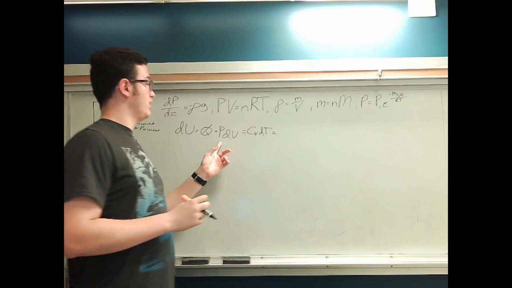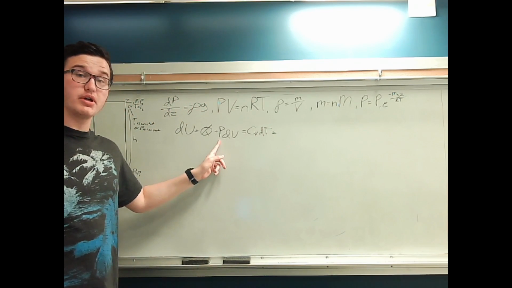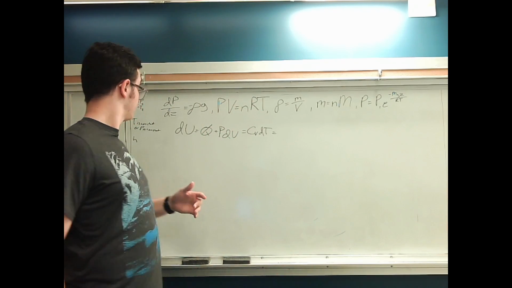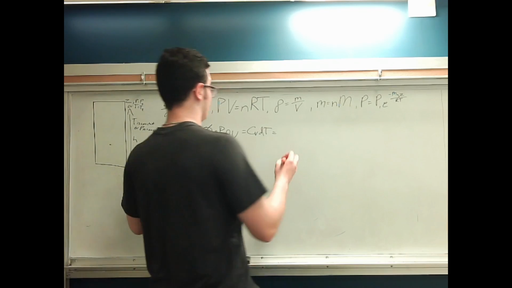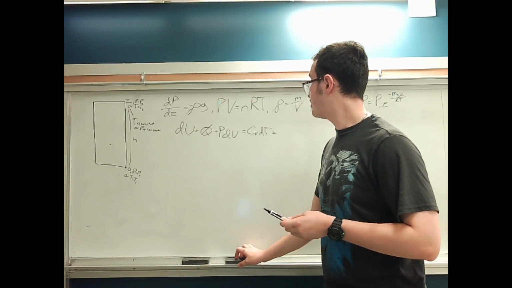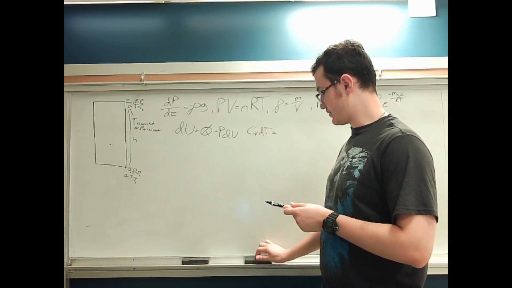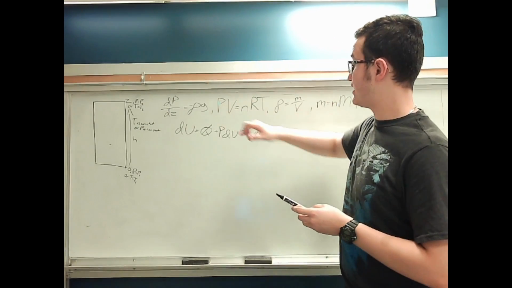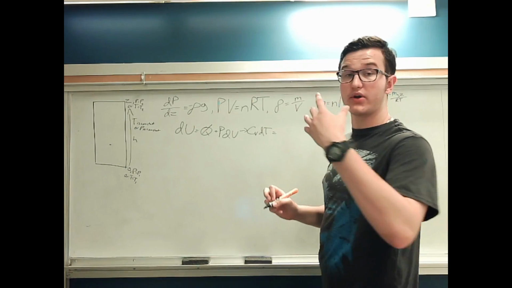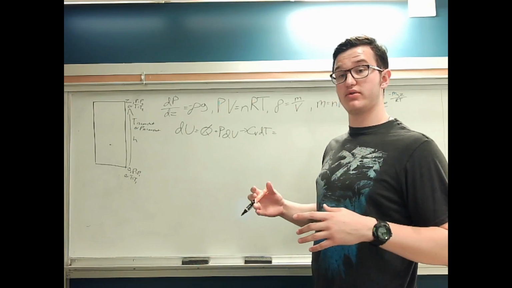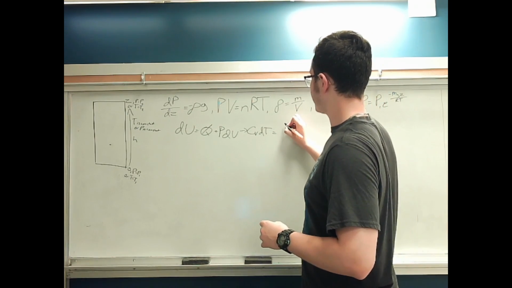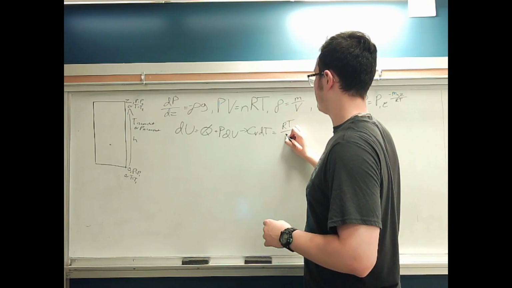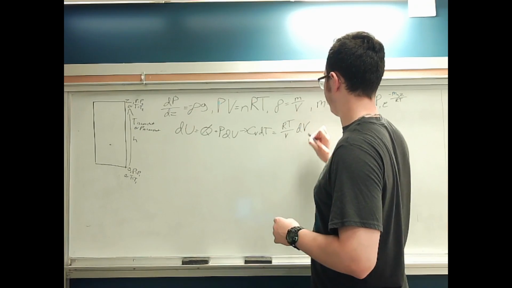is equal to, I'm going to now use the ideal gas law up here, because we don't want pressure in this equation. We want to get it out. So I'm going to make this an arrow so it's easier to understand. Goes to, and we know that P is equal to nRT over V. We're going to assume that n is 1, the number of moles of air is 1. So that just goes to negative RT over V dV.